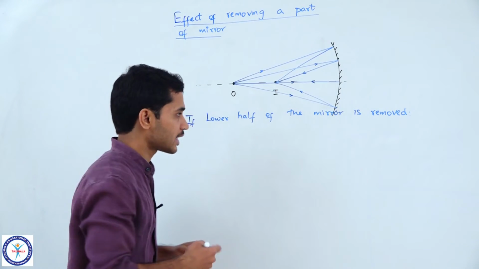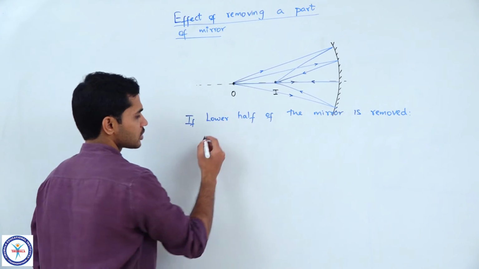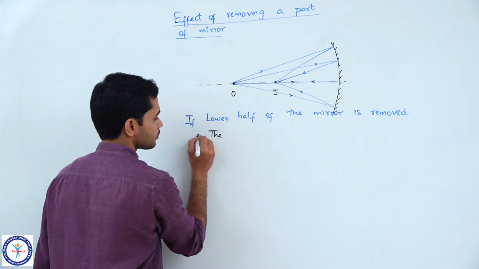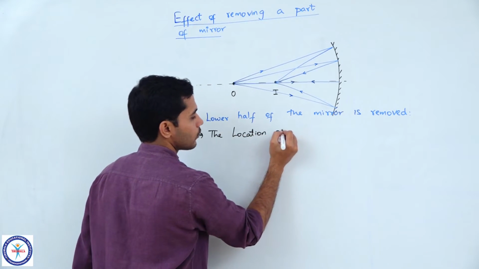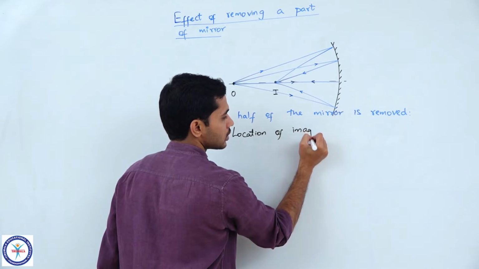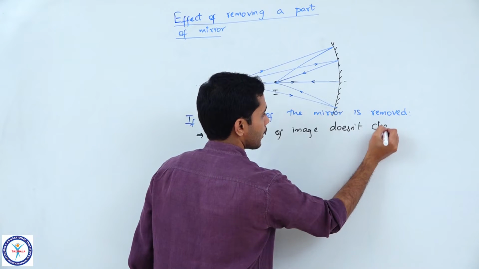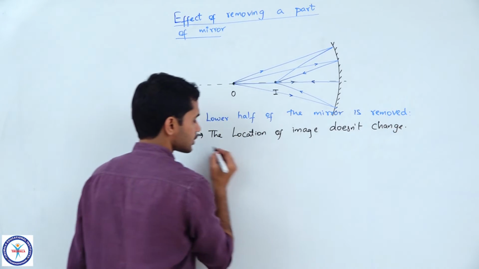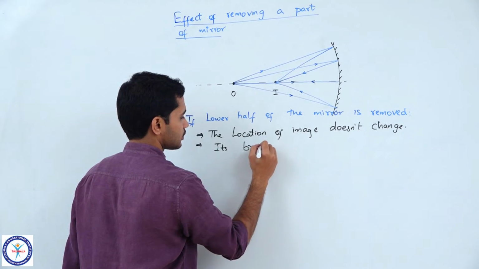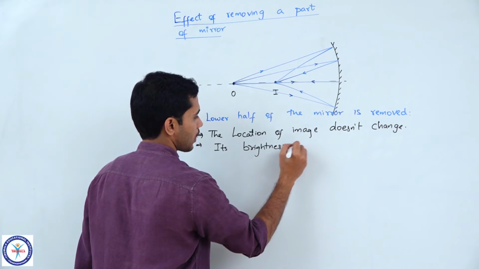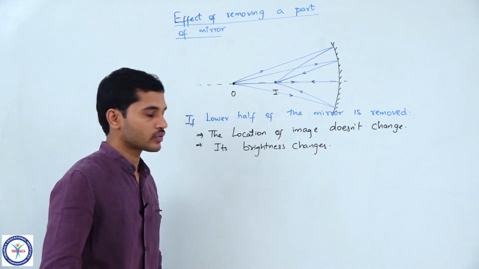So, in this case, the location of the image does not change, but what changes? Its brightness changes. Clear? So, that is the idea.